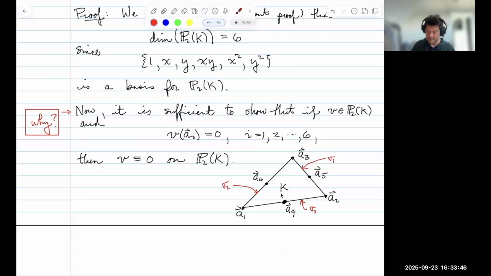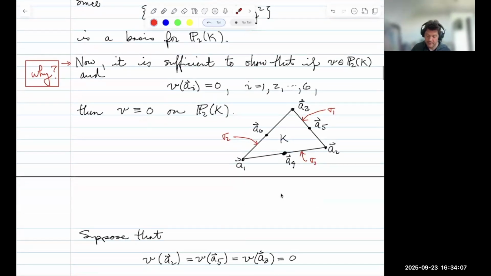Let me say that again. If V is a polynomial of degree 2 that has the property that at the 3 vertices plus the 3 edge midpoint nodes it's equal to 0, then V must be identically equal to 0 from that polynomial space. Okay, so this is what I want to prove.